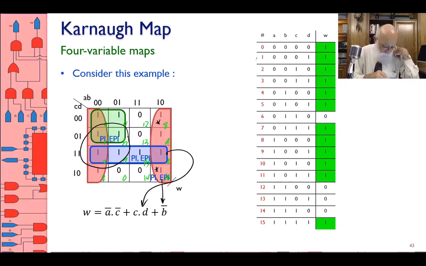Let's do this, and then do I have any more essentials? Let's look at this upper left 4. This one is covered by what? By the pink one on the sides.